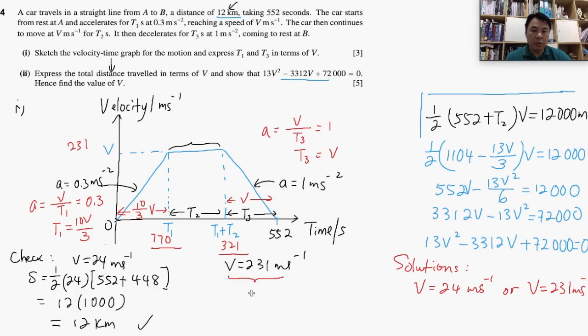So you will have to omit these solutions here. So we will say we have to reject these solutions. So the only value of V that we are interested in is 24 meter per second. Okay, so it's always good to check.